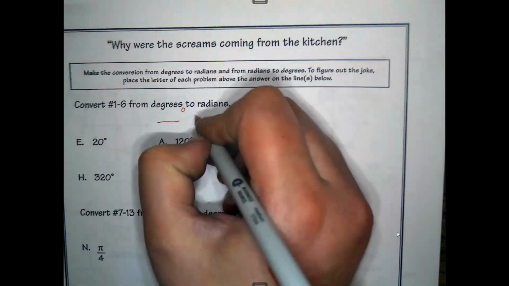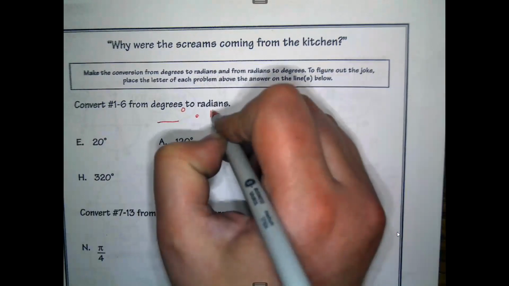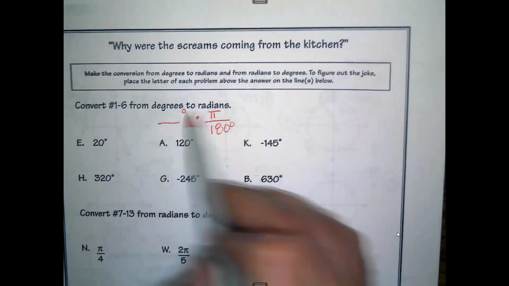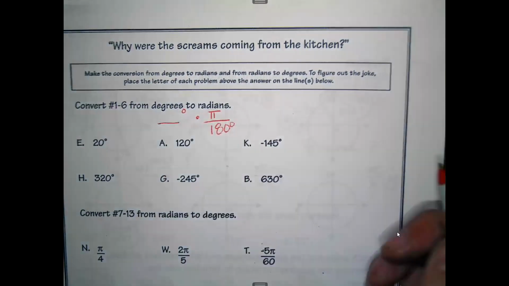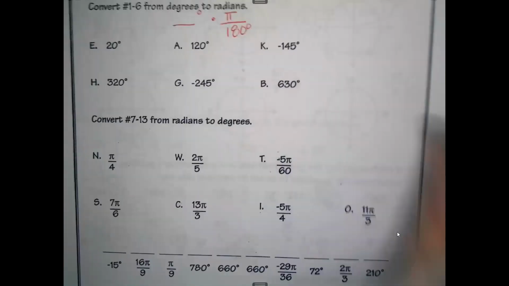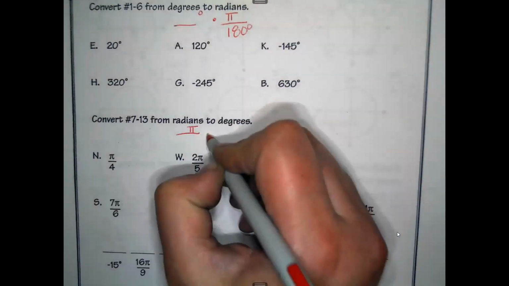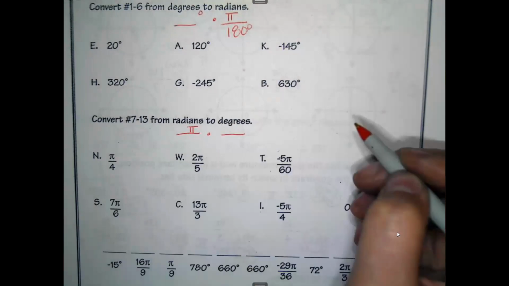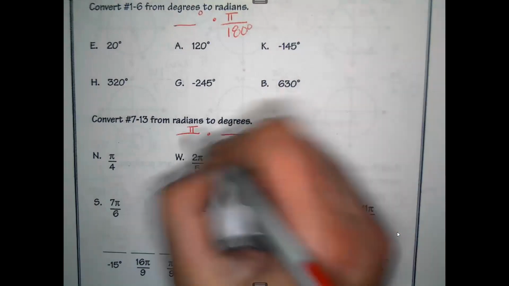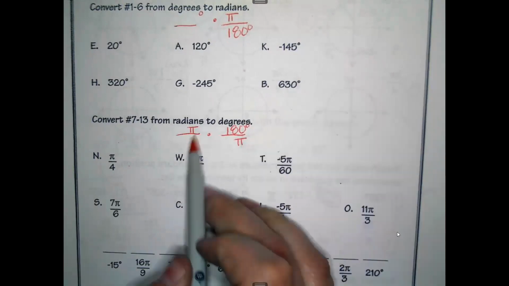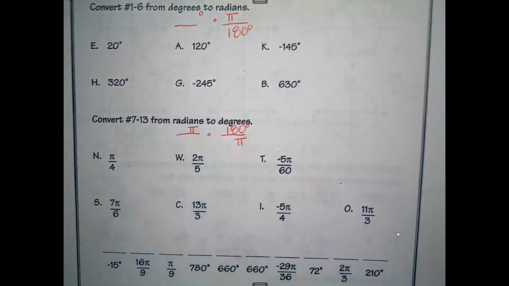And so you're going to be multiplying that problem by pi over 180 degrees because you want your 2 degree symbols to cancel. If you're converting from radians into degrees, then that means you already have something with a pi in it, and you're going to be multiplying that problem times 180 degrees over pi because you want the 2 pi's to cancel out.